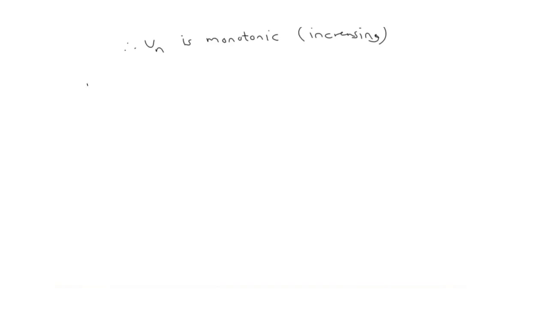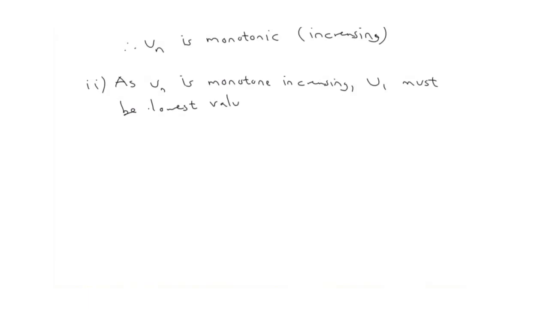So basically, because this part 2, as un is monotone increasing, so u1 must be the smallest term, right? u1 must be the lowest value, the lower bound.